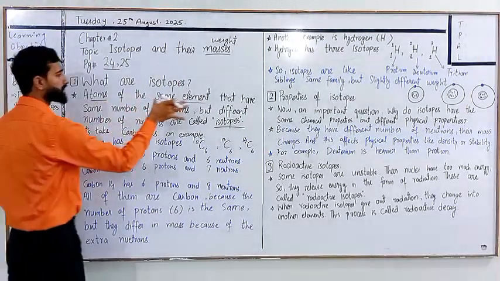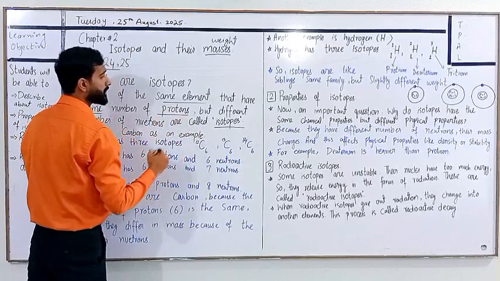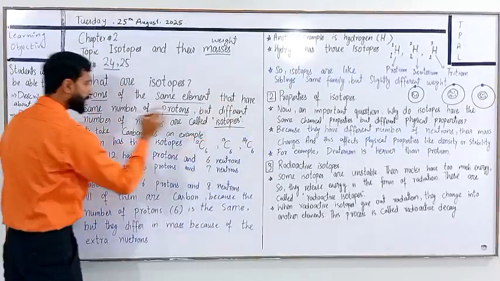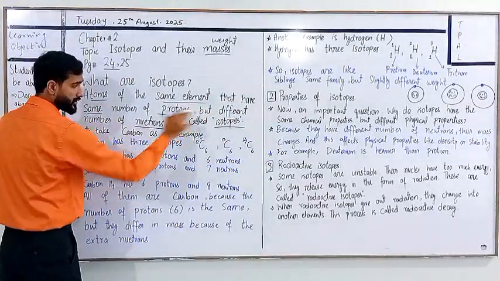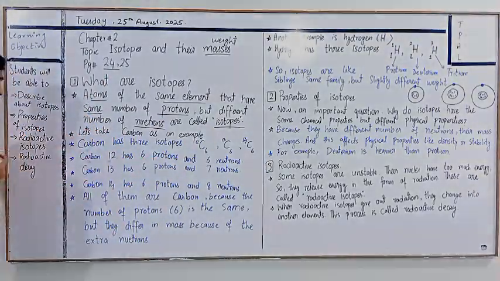So the atoms of the same element that have the same number of protons but a different number of neutrons, these are called isotopes.